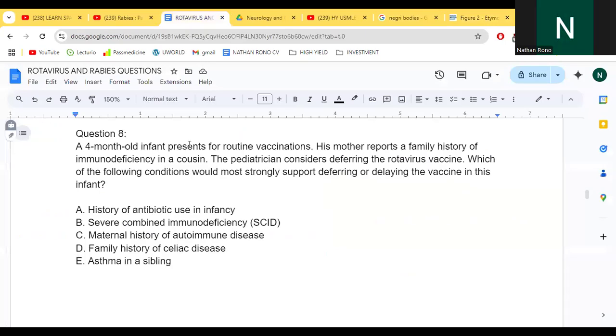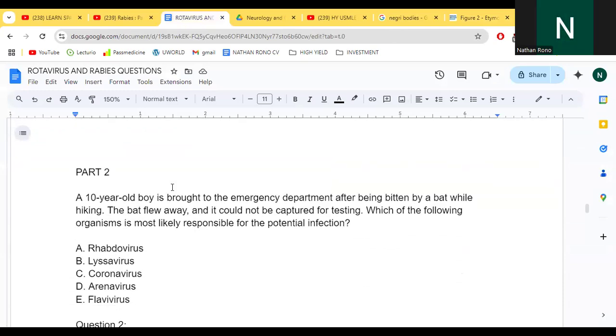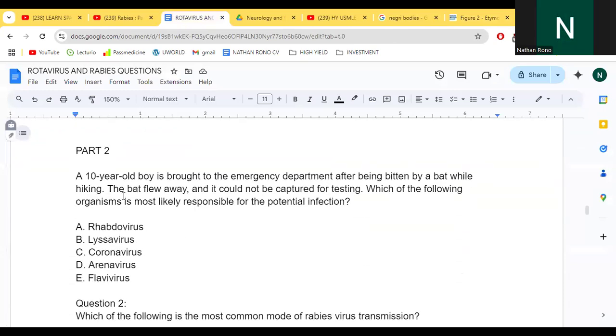Okay, so let me share these questions with you guys. So we start. A 10-year-old boy is brought to the emergency department after being bitten by a bat while hiking. The bat flew away. It could not have been captured for testing. Which of the following organisms is most likely responsible for the potential infection?